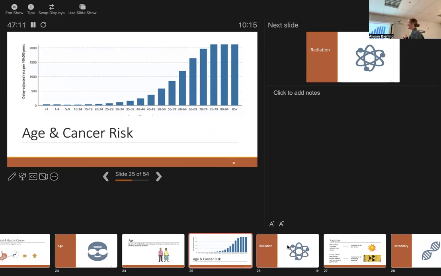You can see the risk is quite low if you are an infant, less than 1, and then that risk just continues to increase and grow over time as we age. So this is the number one risk factor. The older we get, the more likely we are to develop cancer.